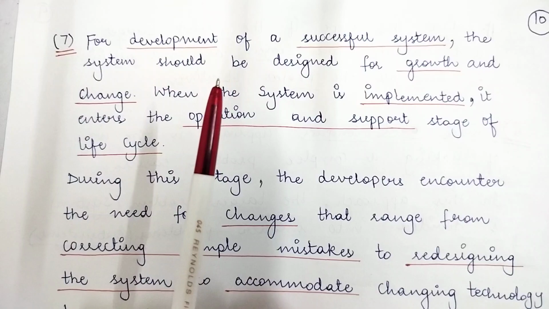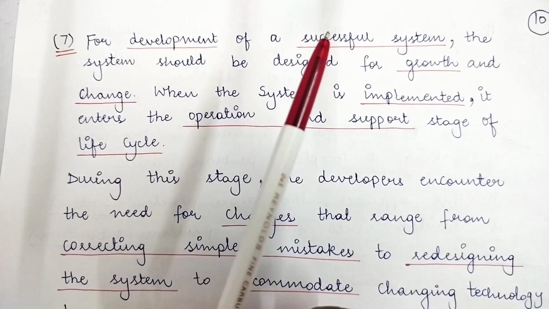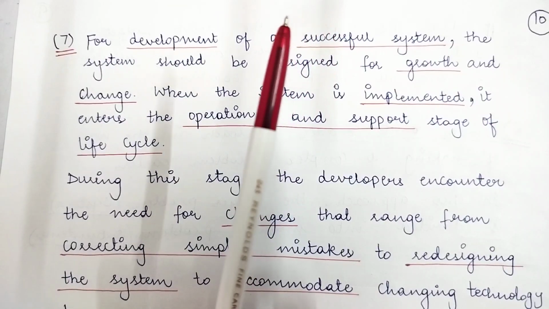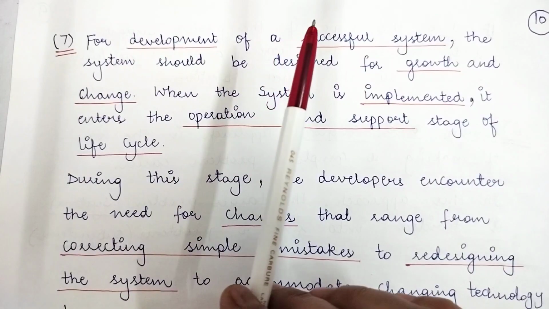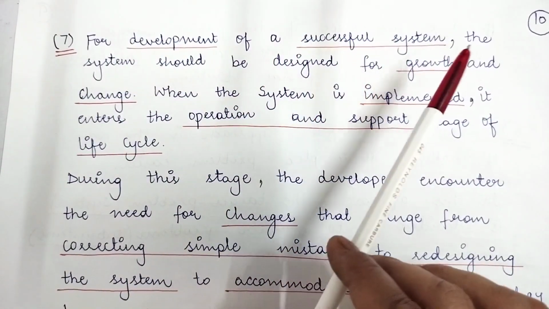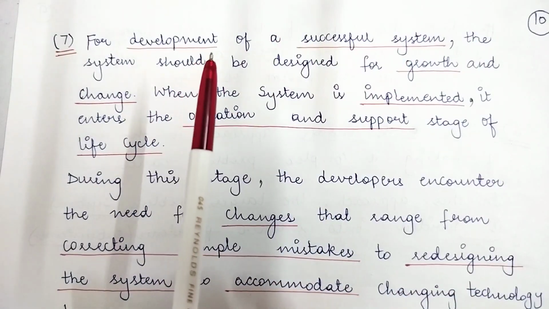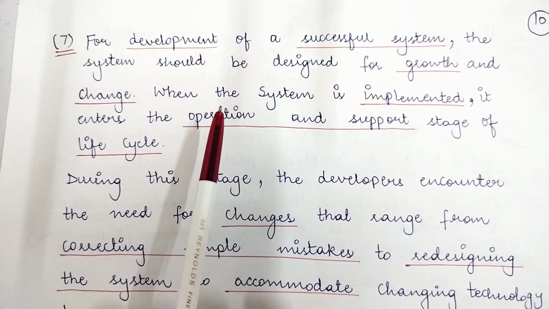So when you are developing an information system, keep in mind after 3, 4, 5 years, technology will change, things will change, requirement from the system will change. So the developers should develop the system keeping in mind that this system is designed for growth and change. With time, when the system needs to grow and change, it should be possible in the maintenance phase.